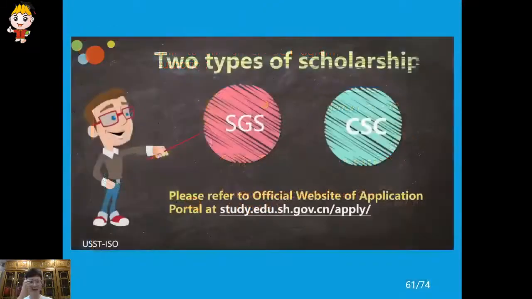Okay, let's moving on. Another category is SGS. Another work for you. Do you mind to jot down another website portal here is for the application of SGS. We call it Studying Shanghai for short, but the portal address is study.edu.shanghai.gov.cn/apply.